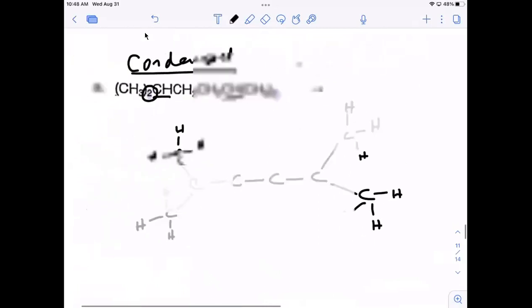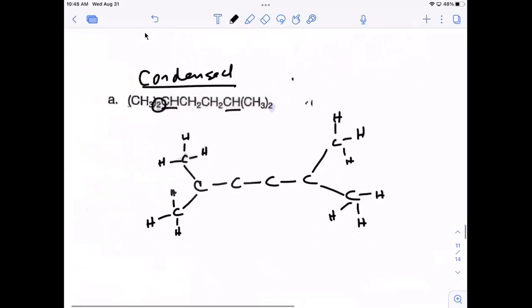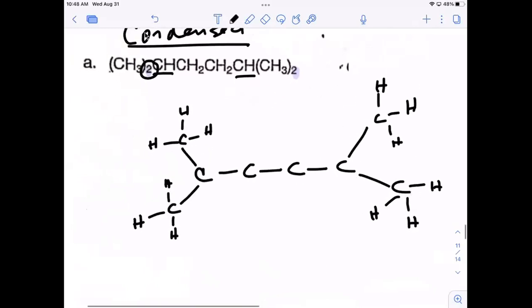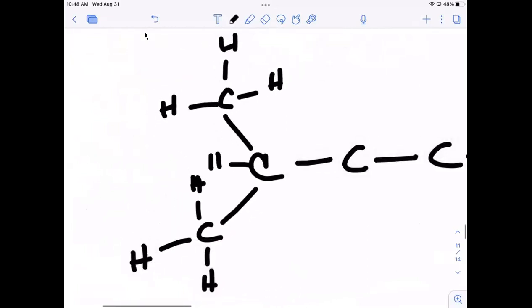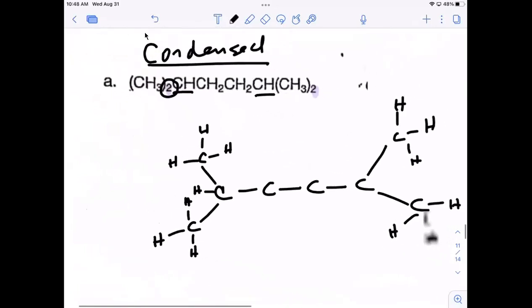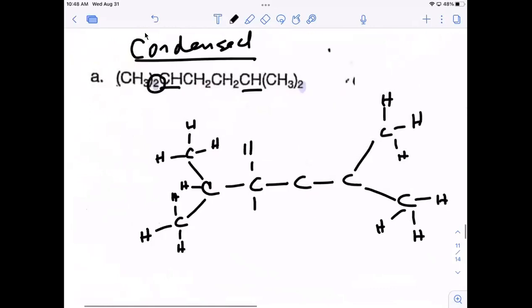All right, and then let's go back to the backbone. This is CH, so I'm going to write in an H here, like that. And then here, these are CH2s. And this is also a CH.